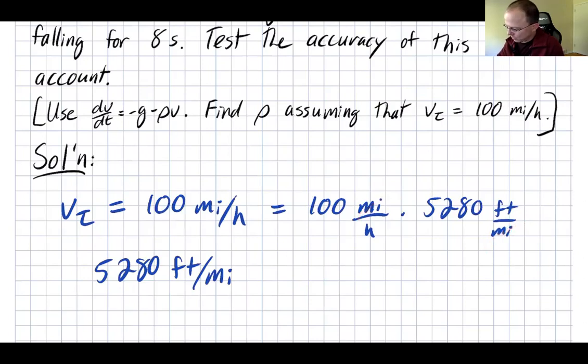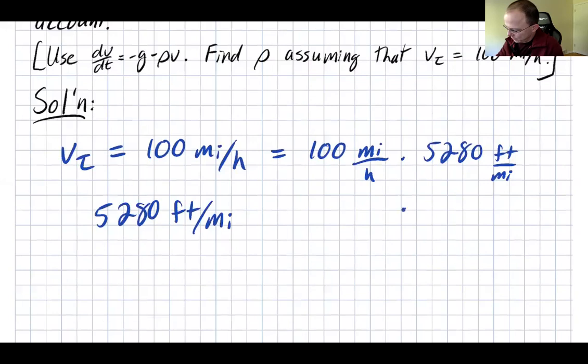And we also need to multiply by the number of hours per second. So then that will cancel this and that. So 1 hour has 3,600 seconds. Okay, so let's calculate all that stuff.